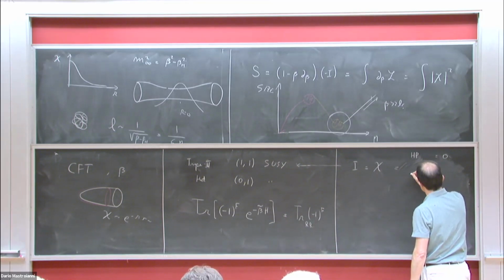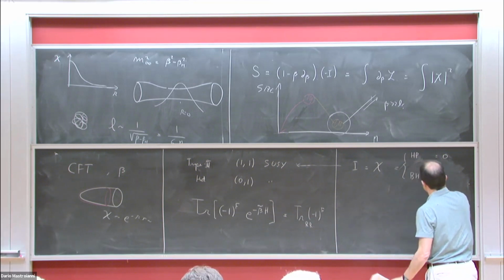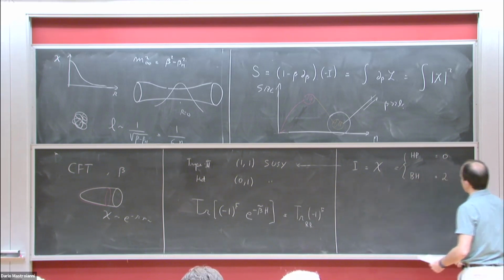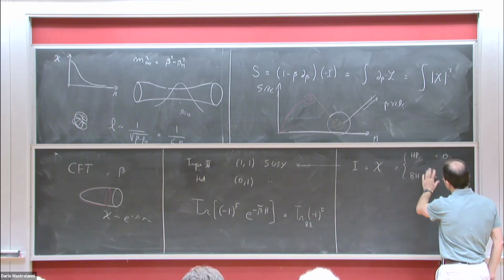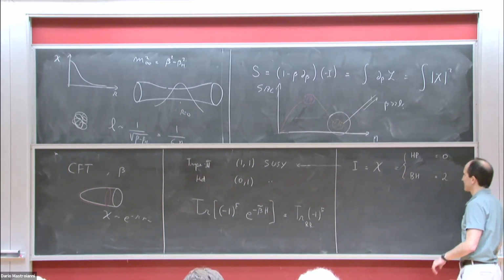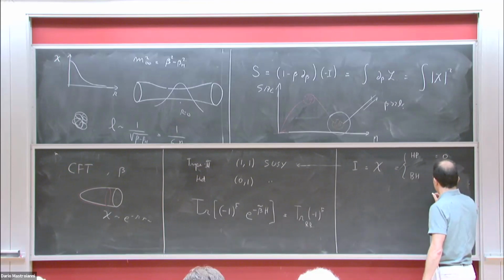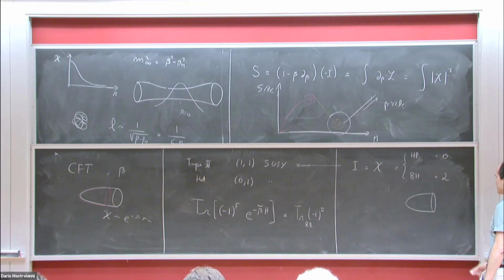And in the case of the black hole, we can calculate that it's equal to 2. There are various ways to see that. One is the formula for the Euler characteristic in terms of the curvature, but you can also see that in the case of the black hole there are two normalizable two-forms.